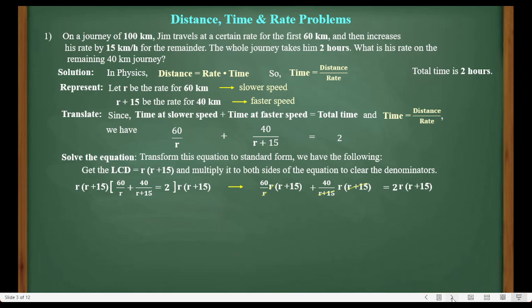There will be cancellation: r here will be cancelled, as well as the denominator r plus 15. What will remain is an equation free from denominators: 60 times the quantity r plus 15, plus 40r, equals 2r times the quantity r plus 15. Then perform the indicated operations.